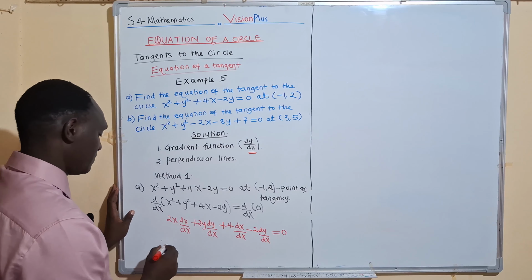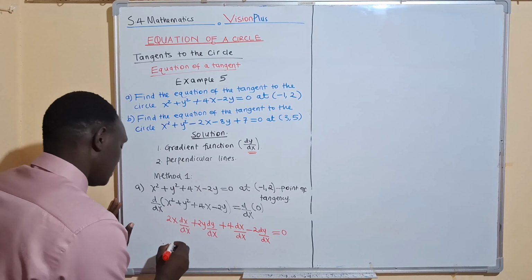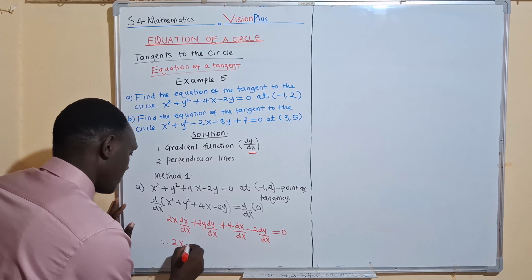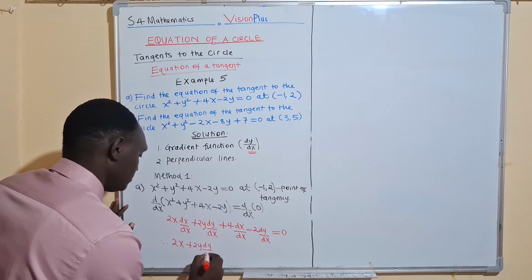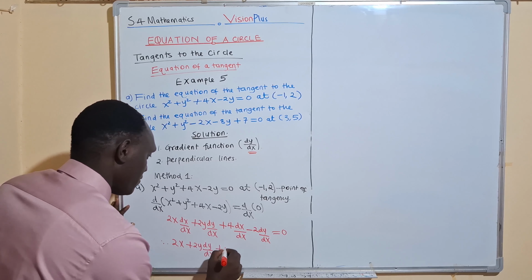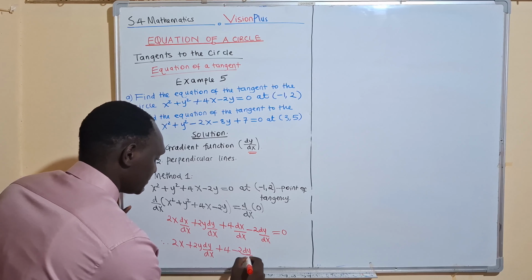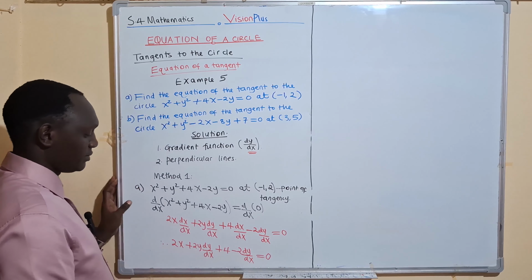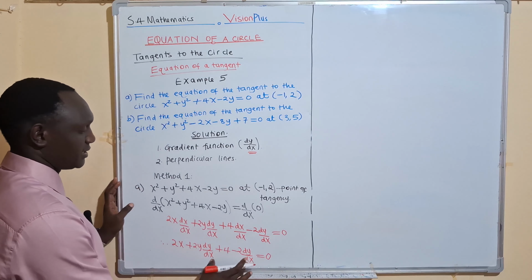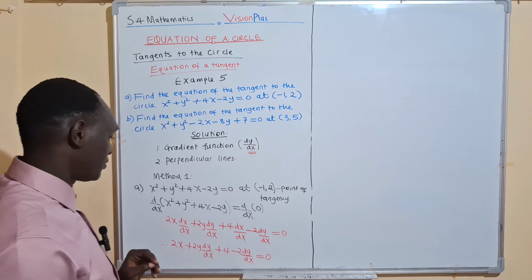So let's simplify by cancelling out dx here and there, so that we have 2x plus 2y dy/dx plus 4 minus 2 dy/dx equals 0. Now let us make dy/dx the subject, because that is the gradient function we are looking for.